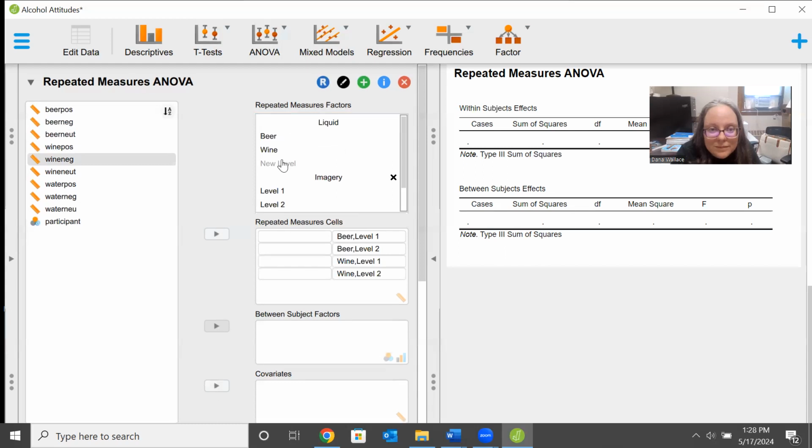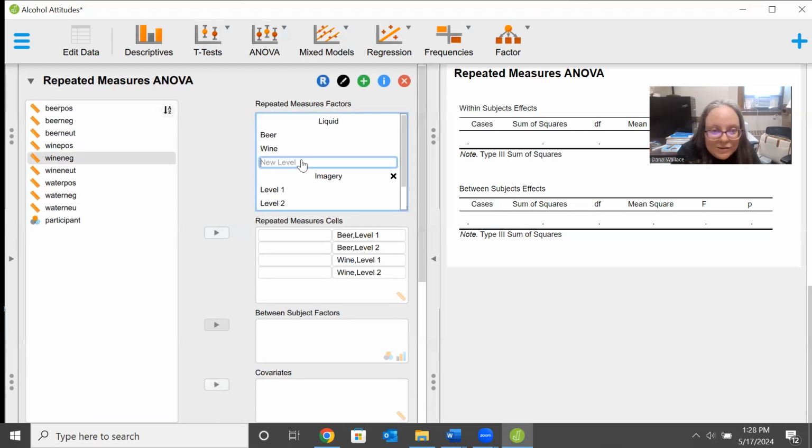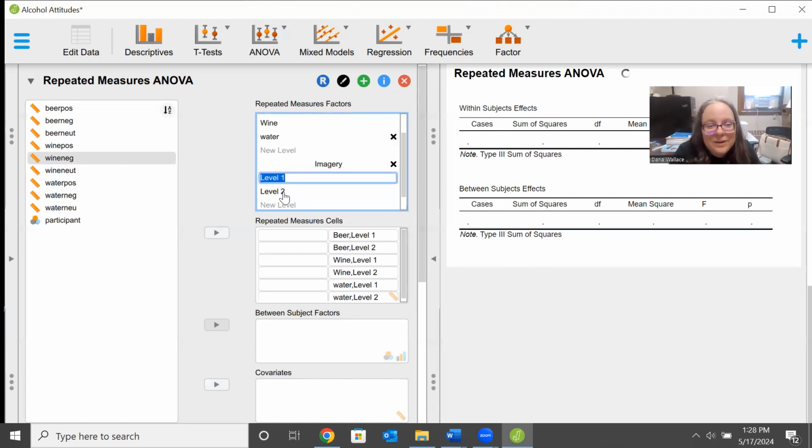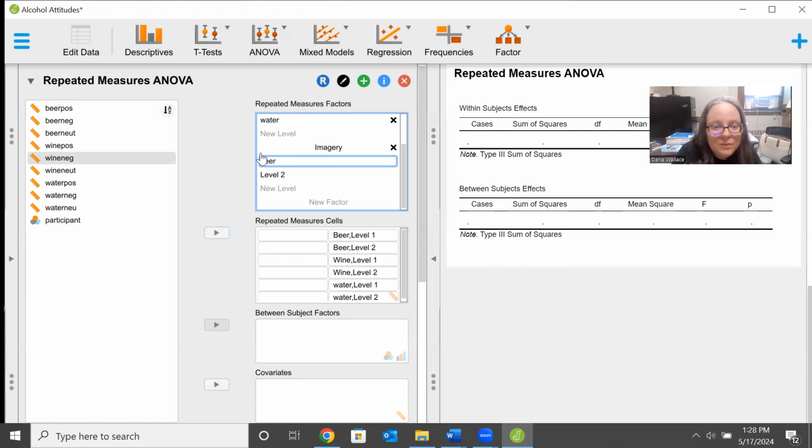Oh, I deleted water. Add water again. There we go. And then we have beer. Let's try that again. Positive, negative, and neutral.